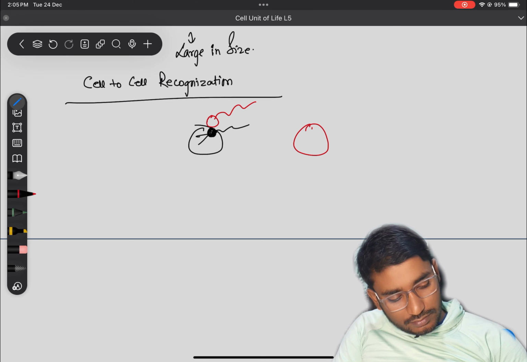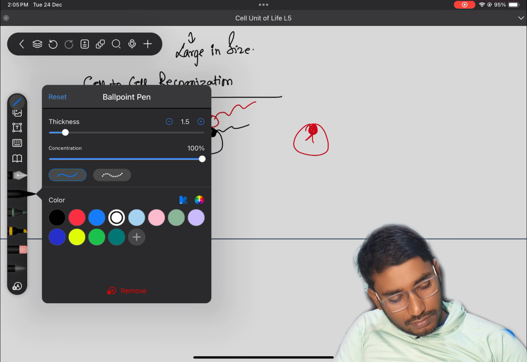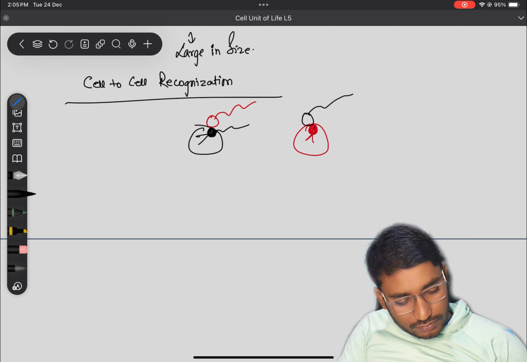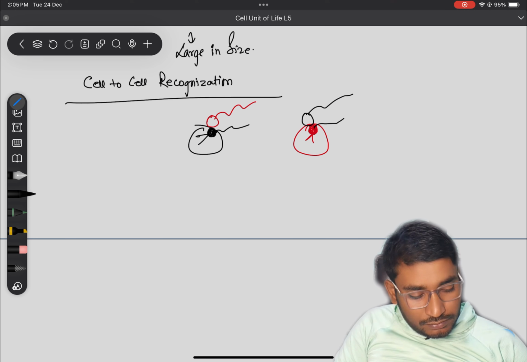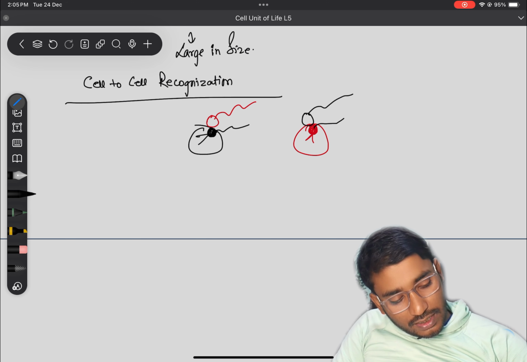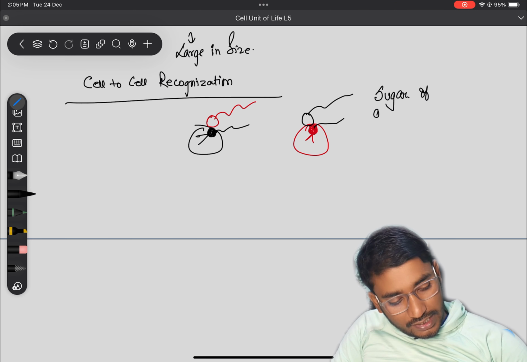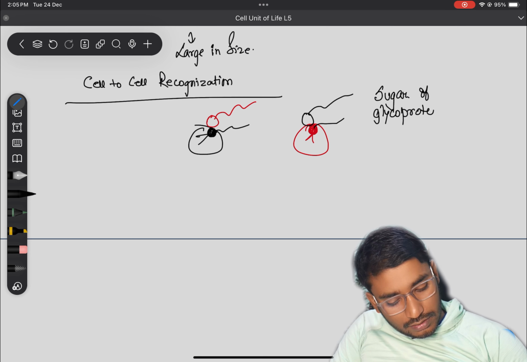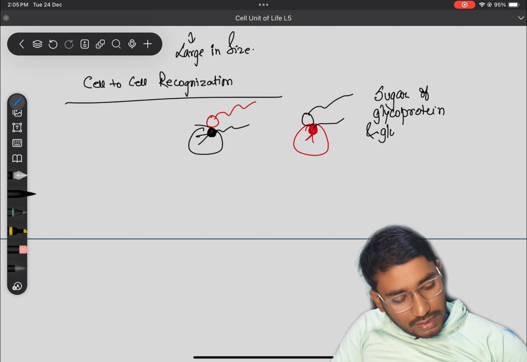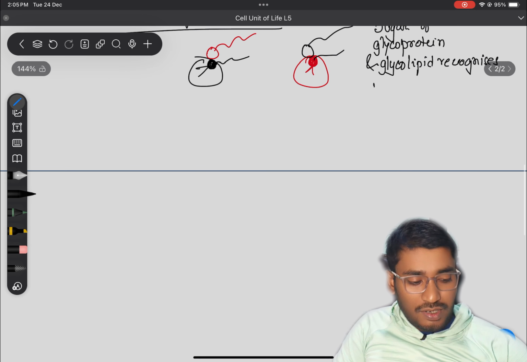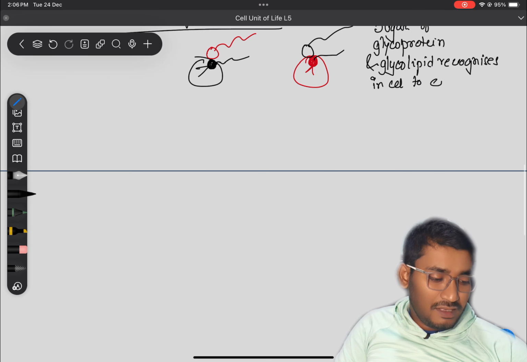And this is another cell. Okay. Now, the sugar of glycoprotein and glycolipid recognizes cell to cell in cell to cell membrane recognition.